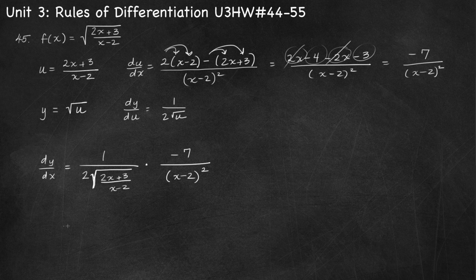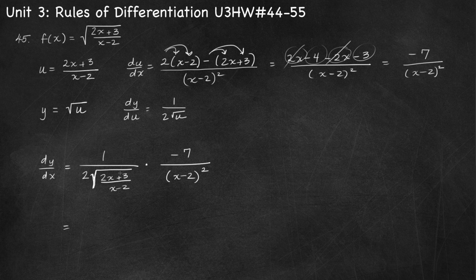And we can simplify that a bit more. Because I have 1 over 2 times the square root of (2x plus 3) over (x minus 2), when you have the square root of a fraction, you can split that up as square root of numerator over square root of denominator.